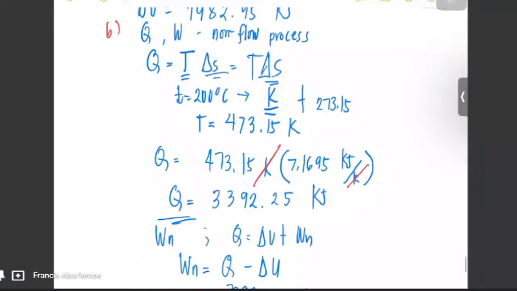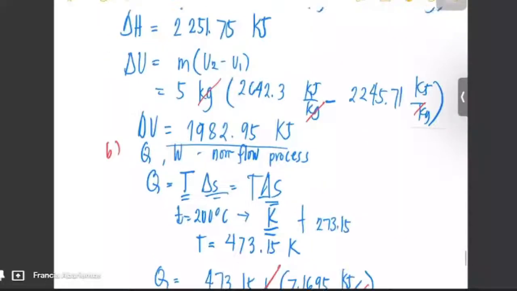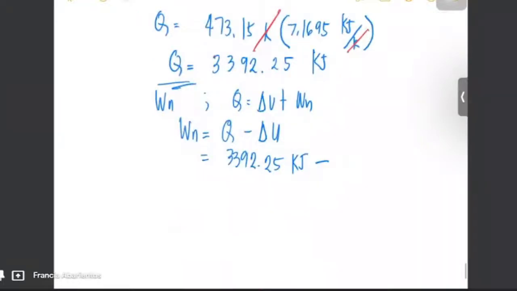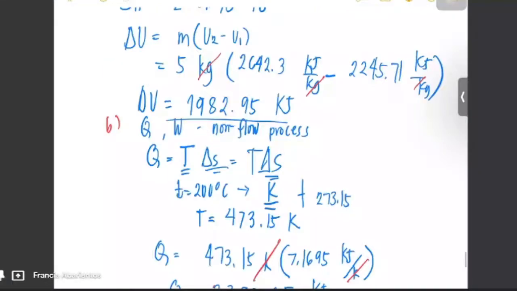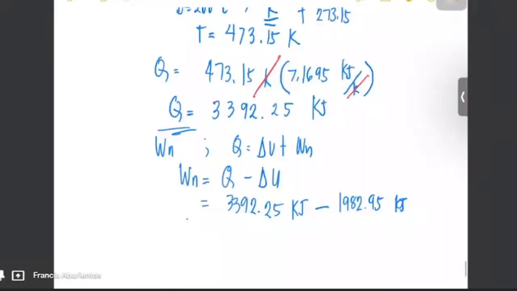1982.95 kilojoule. So the work of the non-flow now is equal to, magkano?